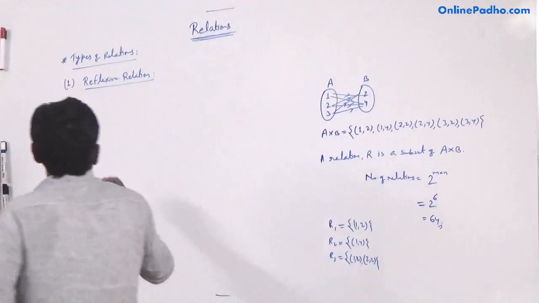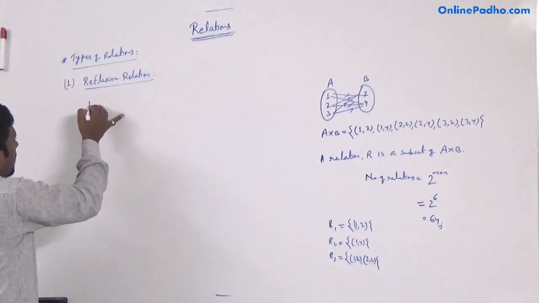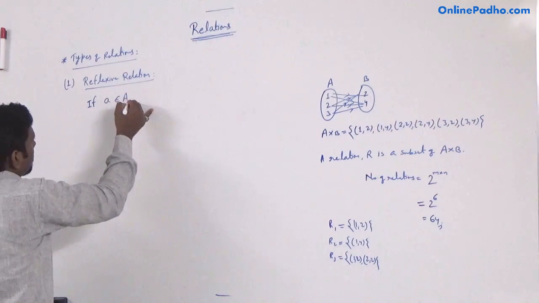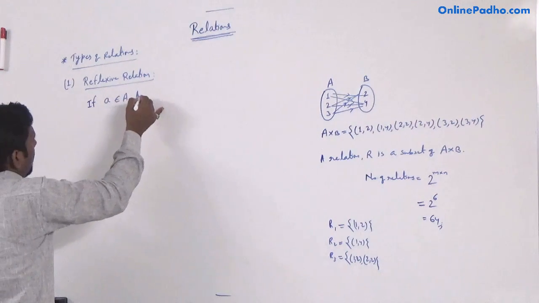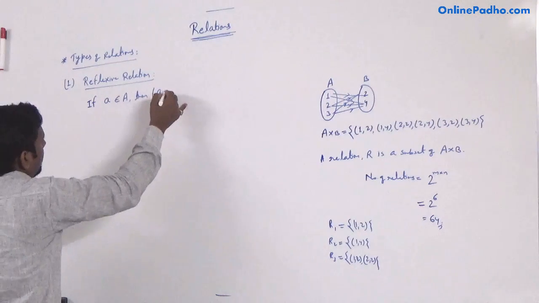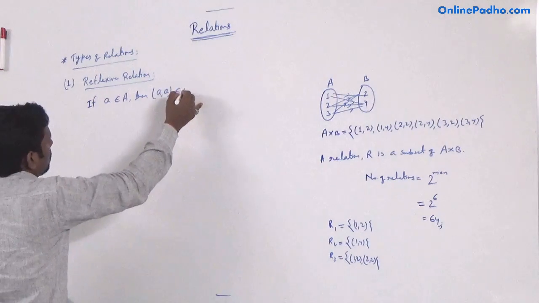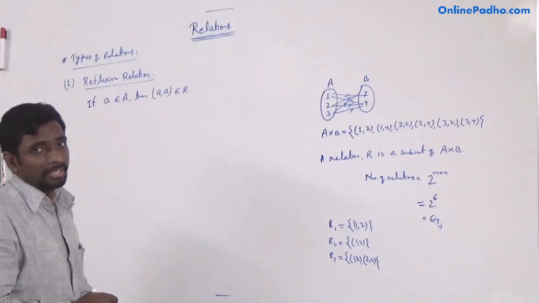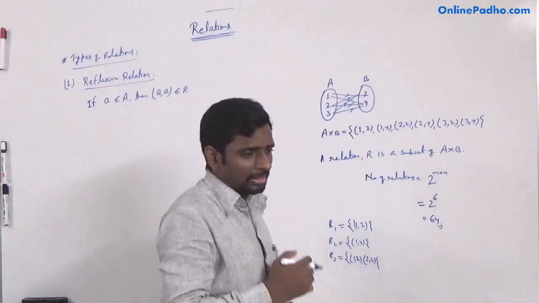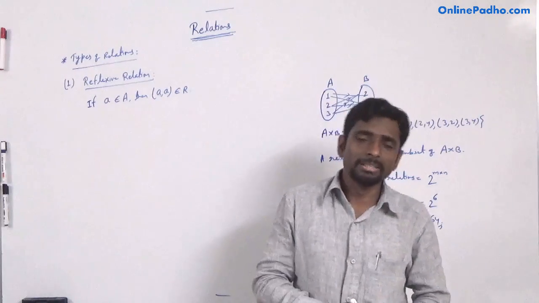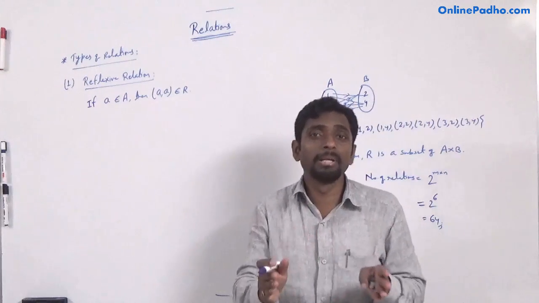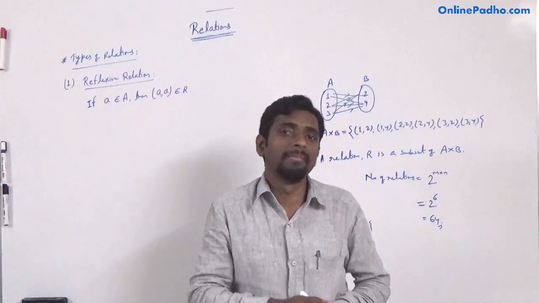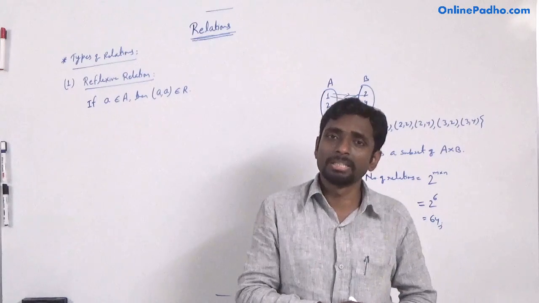You can define the reflexive relation as: if a belongs to set A, then (a, a) must belong to the relation. In a reflexive relation, the relation is a subset of the Cartesian product A times A.